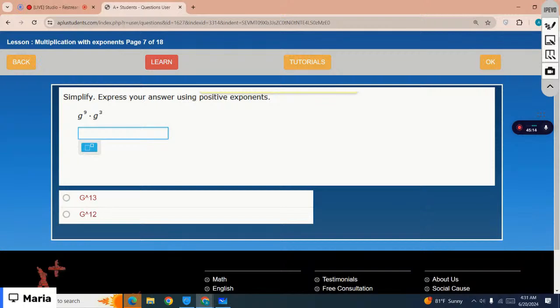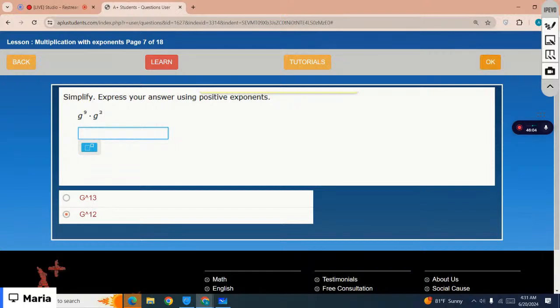G exponent 9 times G exponent 3. Which is the correct option? Yes, that is G exponent 12.